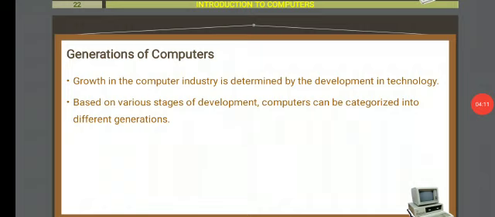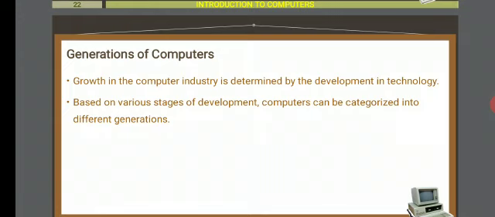Then, generations of computers. Growth in the computer industry is determined by the development in technology. Based on various stages of development, computers can be categorized into different generations. There we have 6 generations of computers.